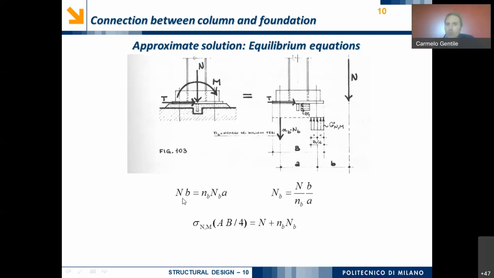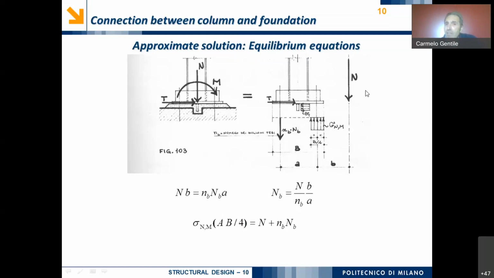So it is possible to evaluate very soon from this equilibrium equation the value of the vertical tension in the two bolts as the ratio between this product N times B and this other product, the number of the bolts, in this case 2, times this distance A. Okay, perfect.